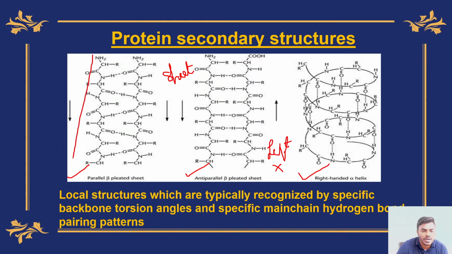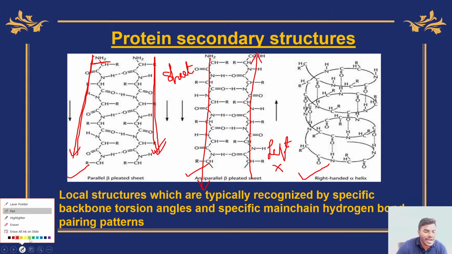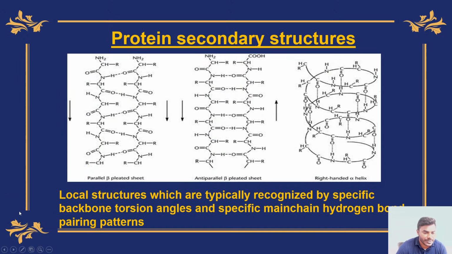In both directions there will be the same domain: this direction is the amino terminal domain, and this direction is also the amino terminal domain. Whereas in the anti-parallel sheet, in one direction there is an amino terminal domain and in the other direction there is a carboxy terminal domain. That is what we call anti-parallel beta pleated sheets.